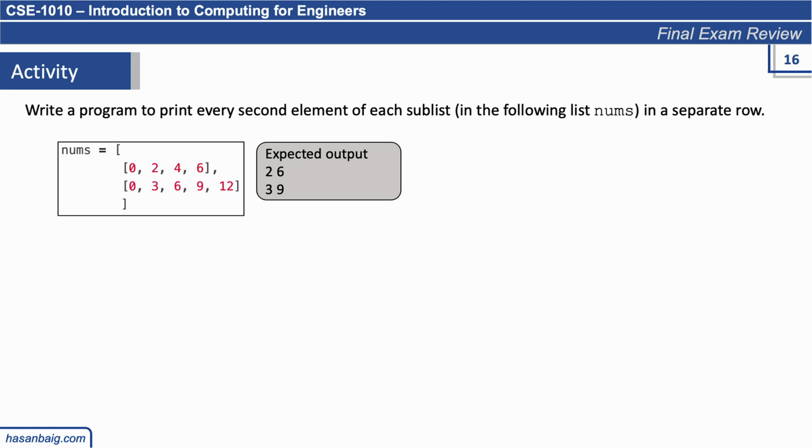Two loops. The first loop will access the rows, and once you access a row, then you have to access every second element, right?